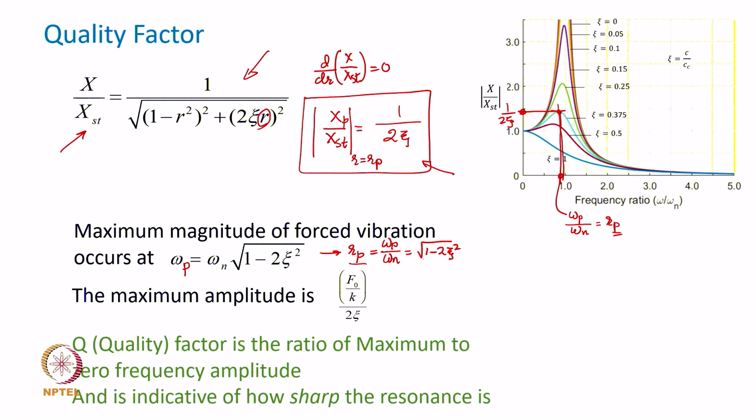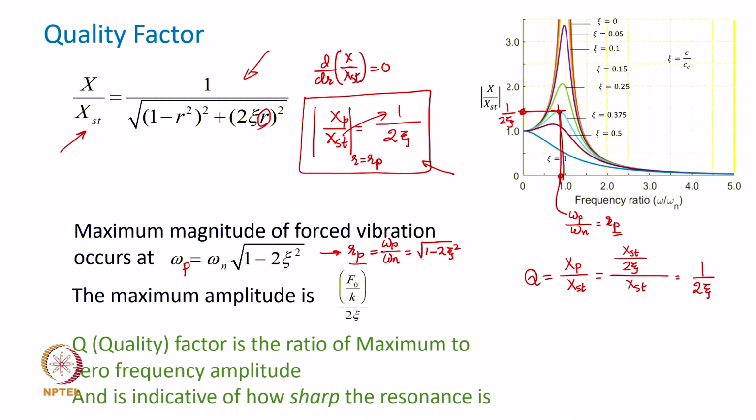So, Q is the ratio of x_p over x_st. We have already shown that x_p is x_st over 2 zeta, so x_st appears in the numerator and divides out, and this is 1 upon 2 zeta. So, quality factor Q is given by 1 over 2 zeta.